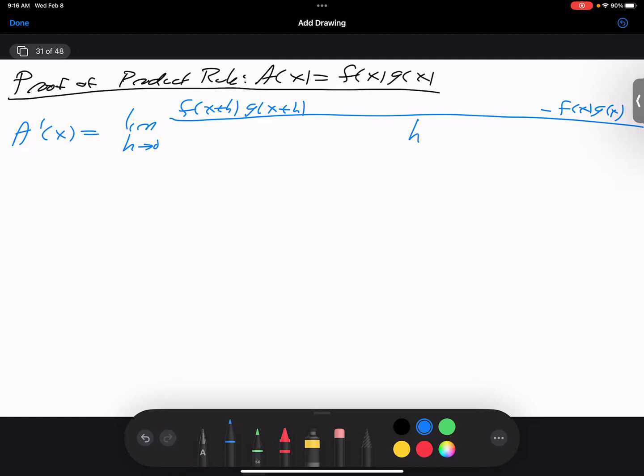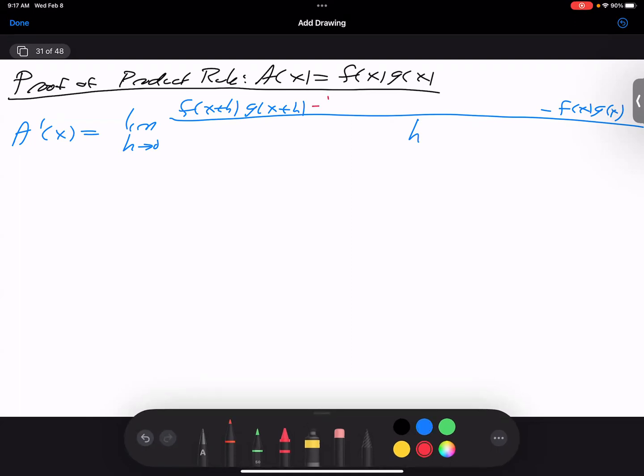Add. We're trying to get something that looks like an f prime times g and something that looks like f times g prime. Well, f prime is going to be f of x plus h minus f of x over h. So maybe if I subtract, actually, let's do it in a different color.